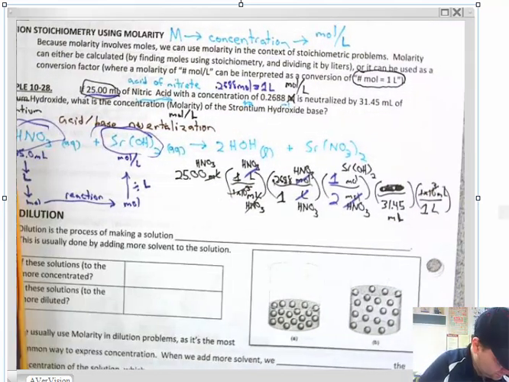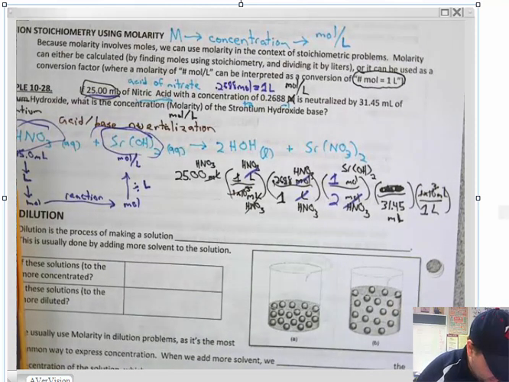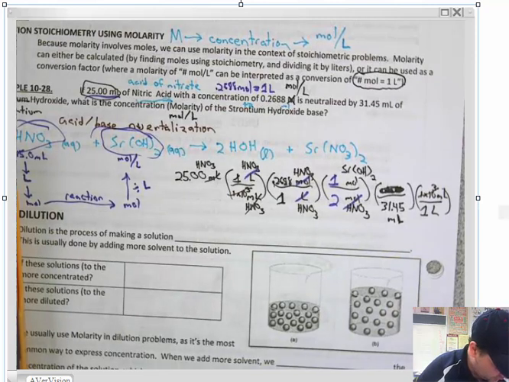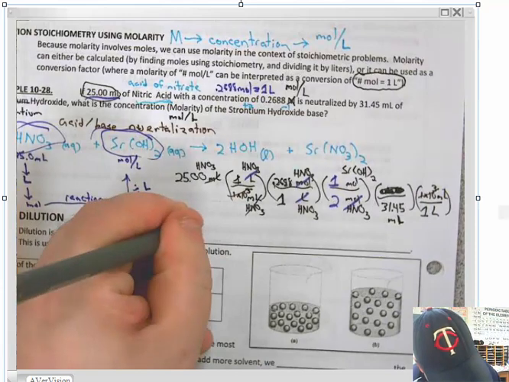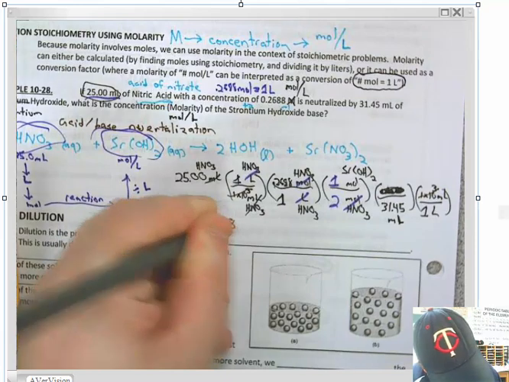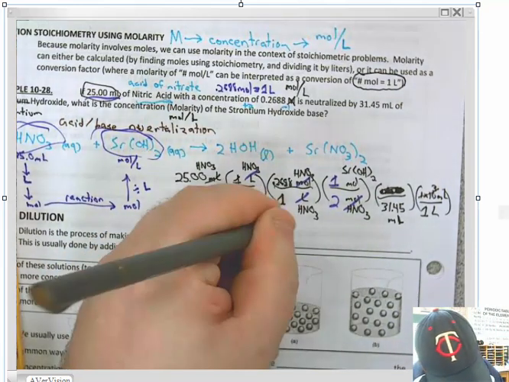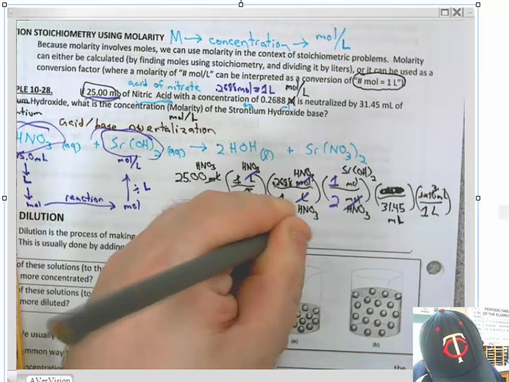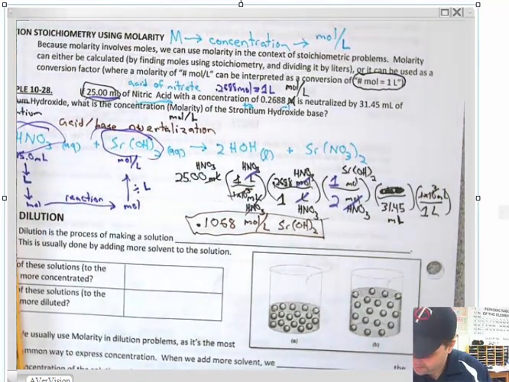So then I just do 25 times 0.2688 divided by 2 divided by 31.45. And I get an answer, to 4 sig figs, of 0.1068 moles per liter of strontium hydroxide. That was easily done.